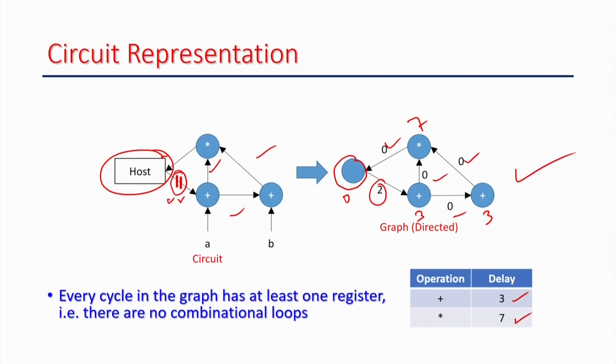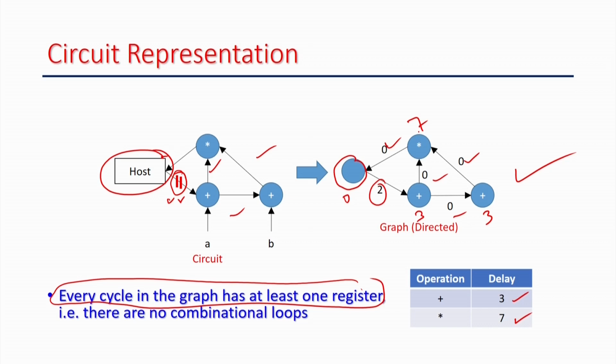Since we do not have a combinational loop or cycle in a digital design, we should not have any cycle in the graph which has weight 0. That means you should not have such a loop. For example, this is one loop, but the total edge weight of a particular loop should not be 0.